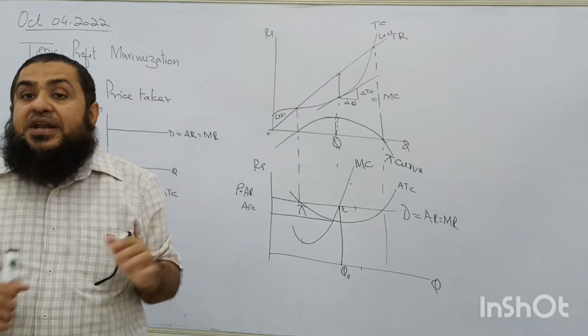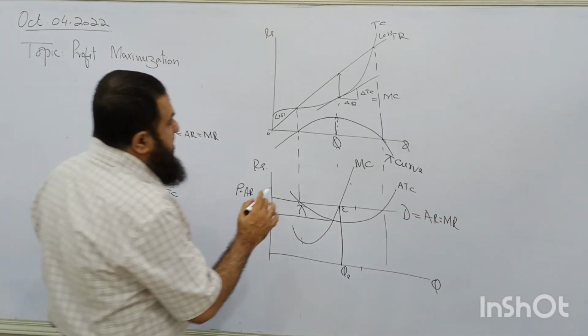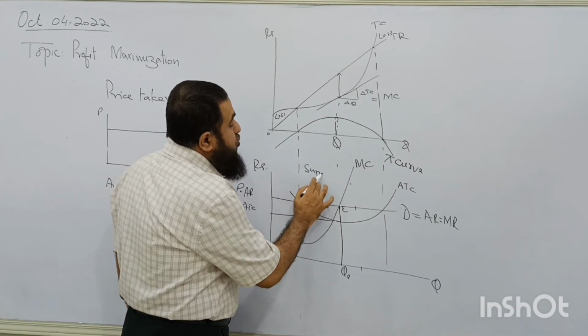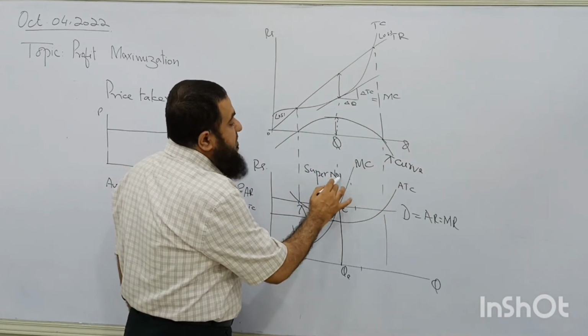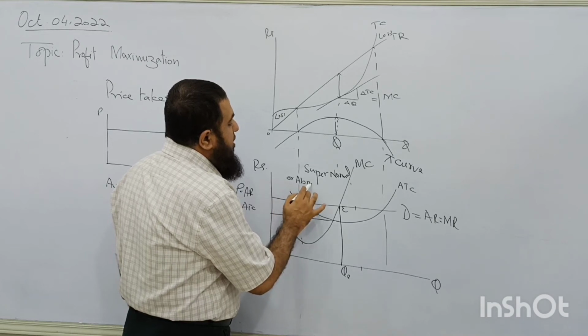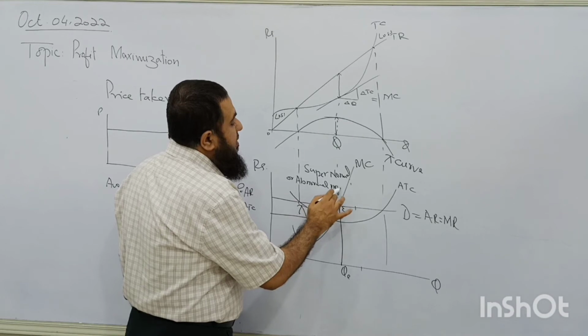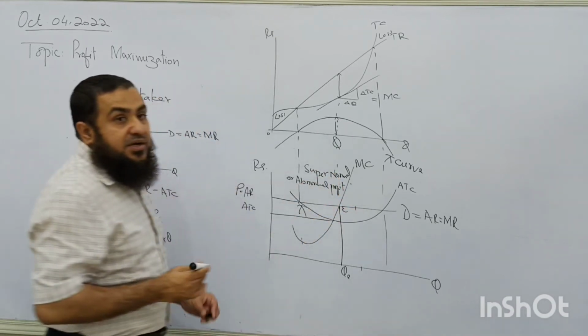Clear? So when a firm is having average revenue more than the average cost of production, what type of profit is it earning? Supernormal profit. कौन सा profit है? Supernormal or abnormal profit. Abnormal profit. All right?